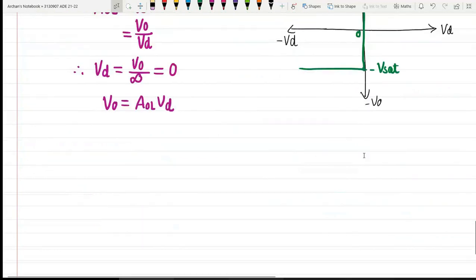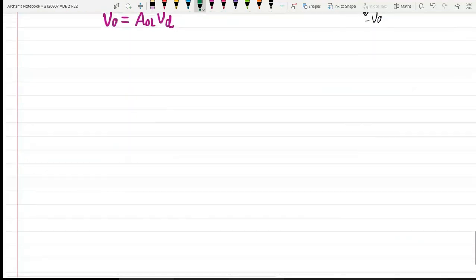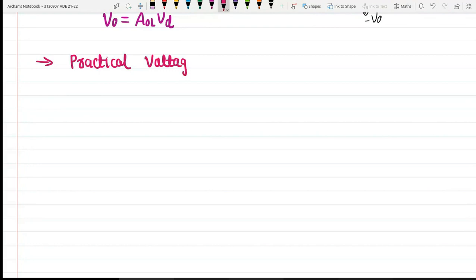Now let us try to understand the practical voltage transfer curve, with which we are actually dealing. If we talk about practicality, what will happen to the open loop gain? Now the open loop gain will be some finite value. It is not infinite.